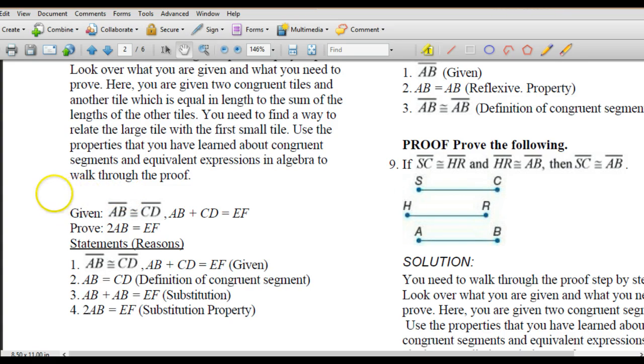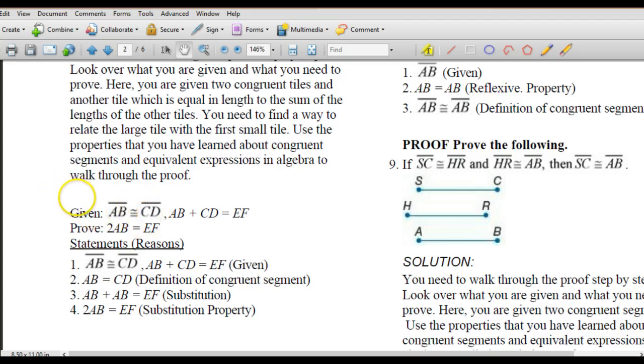If we simplify this, AB plus AB, or in other words, we can also use substitution. AB plus AB is equal to 2AB. So substitute 2AB in place of AB plus AB. We can also, in this step, say simplify, or combine like terms.